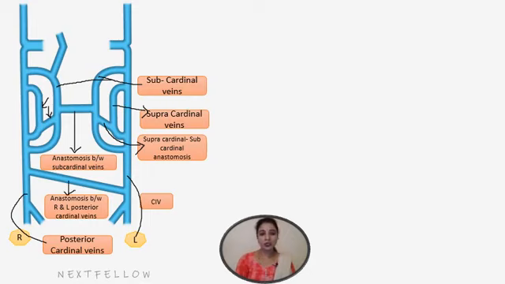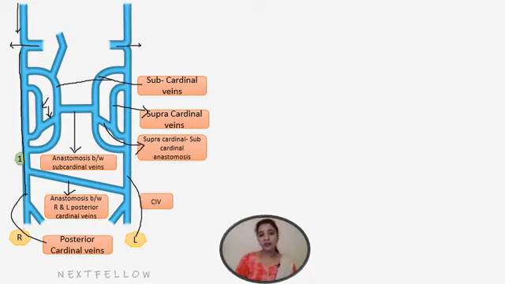From here to here is the posterior cardinal vein, here to here is the anterior cardinal vein, and the veins present on each side here are the common cardinal veins.